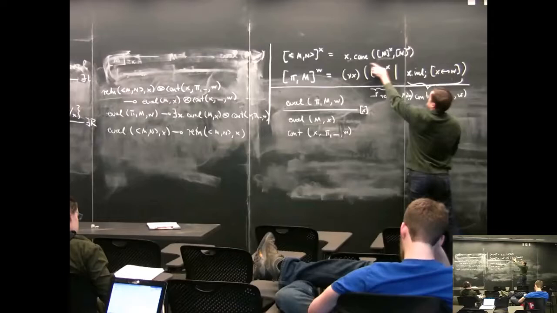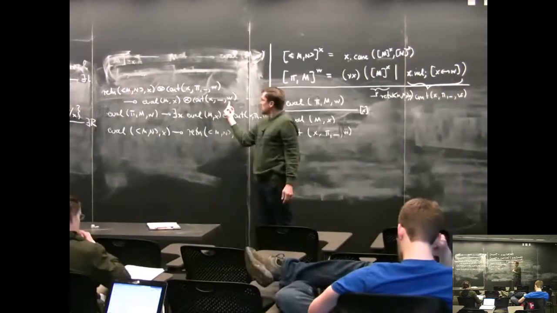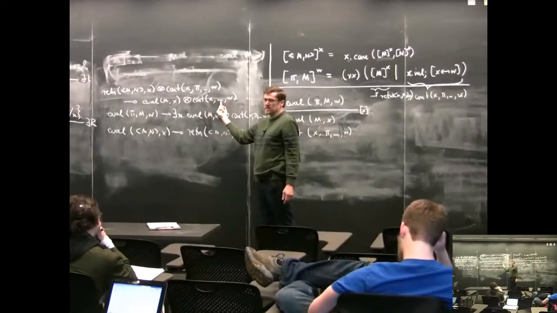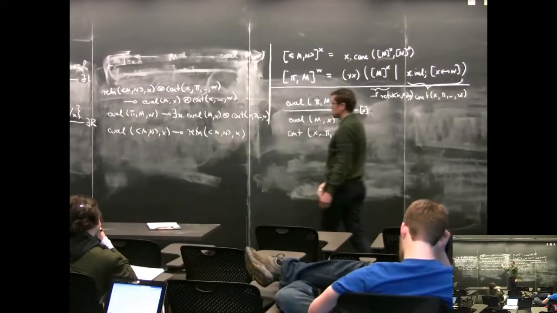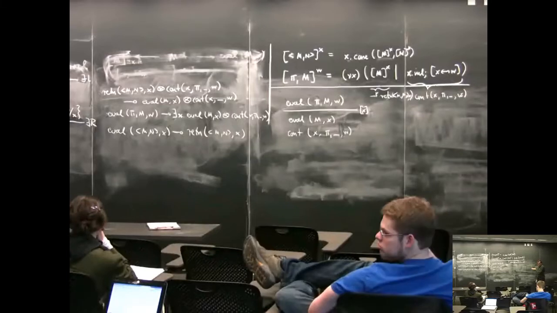So the first part is to extract m from the pair, which is the same as extracting the first part of the case here. And the second thing is to actually tie x and w together, which is like a continuation, except we don't have to do anything in between. We just tie them together. Okay. Does that make sense?